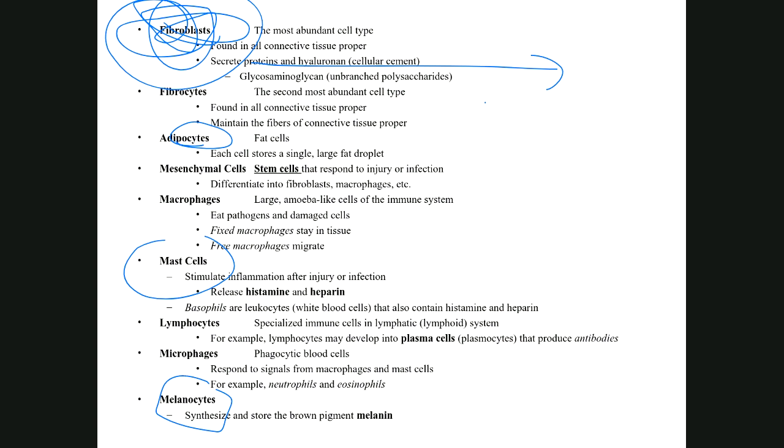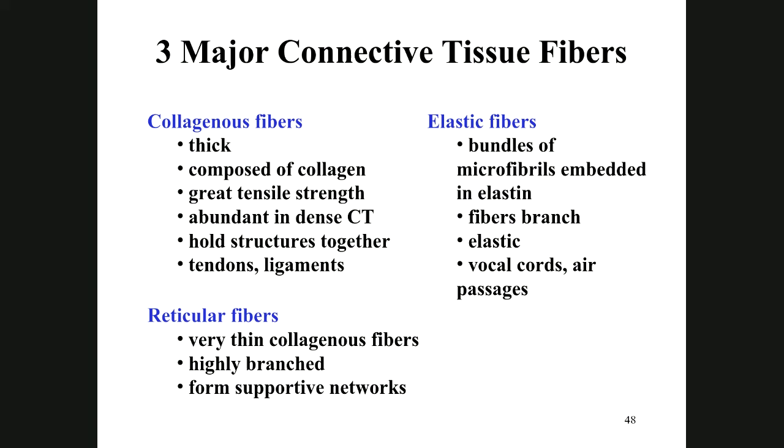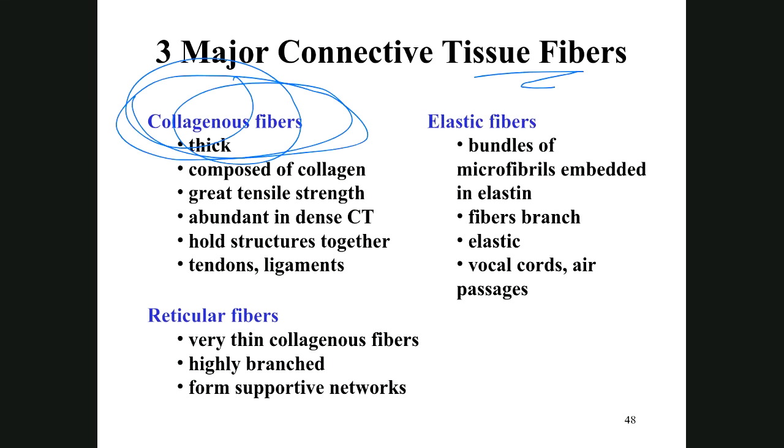So the components of these tissue fibers that you see are typically collagenous fibers, composed of collagen. And it holds things together. Again, tendons are muscle to bone, ligament is bone to bone.